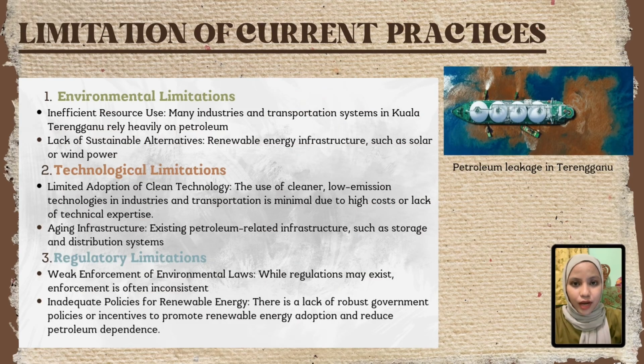The limitations of current practice, we have three. Firstly is environmental limitation. Secondly is technological limitation, and lastly is regulatory limitation. For the environmental limitation, many industries and transportation in Kuala Terengganu rely heavily on petroleum, so we can reduce that by using sustainable alternatives, by renewable energy infrastructure such as solar and wind power.